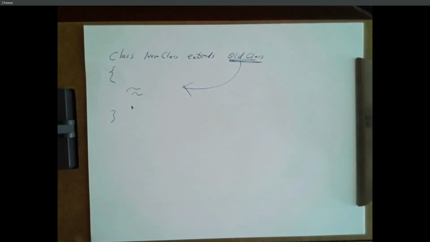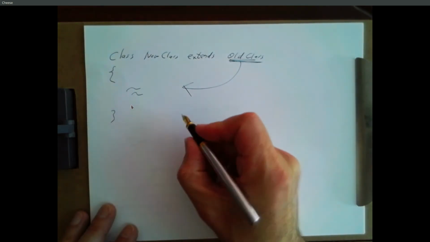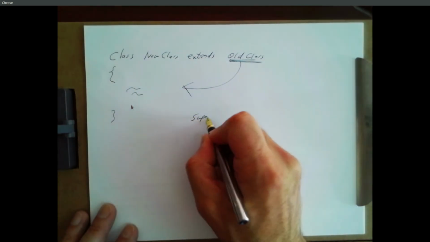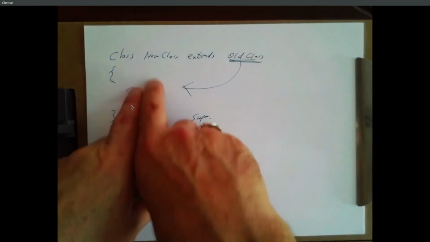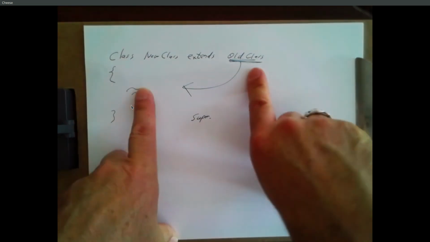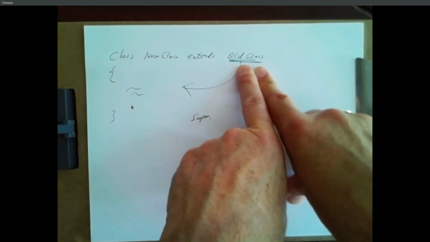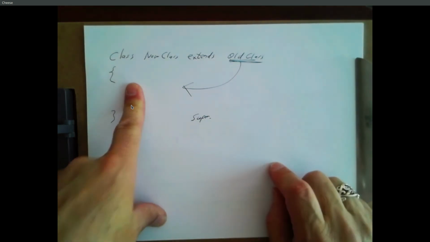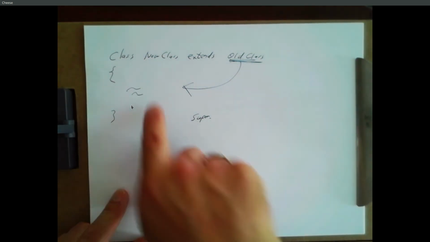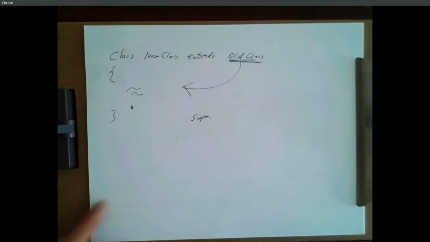But if I wanted to get to the toString method in the old class, I can use the keyword super. I can say super dot some method name or super dot some field name, and if I happen to have made my own version of it, it doesn't matter, it'll still take it from the original class. If I haven't made my own version, super doesn't really do anything, because the version of that method in here is the same as the one in OldClass.